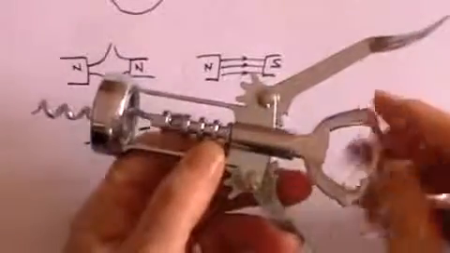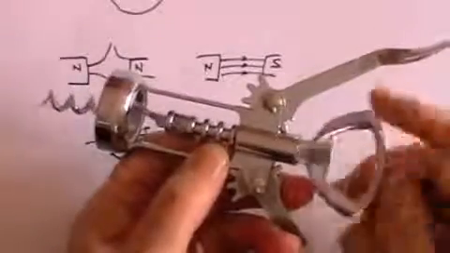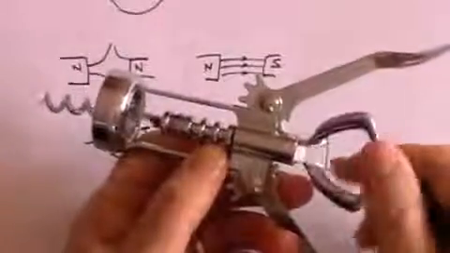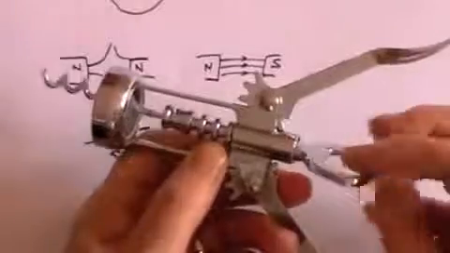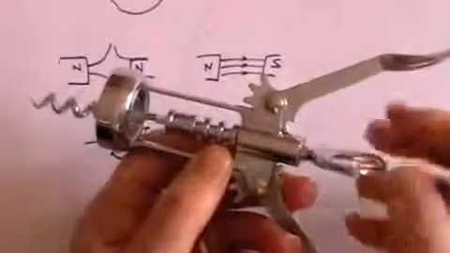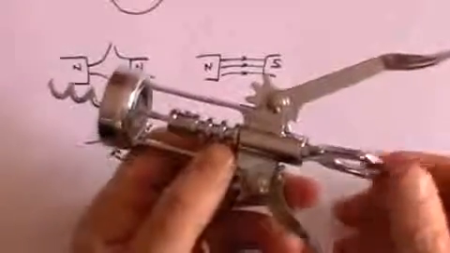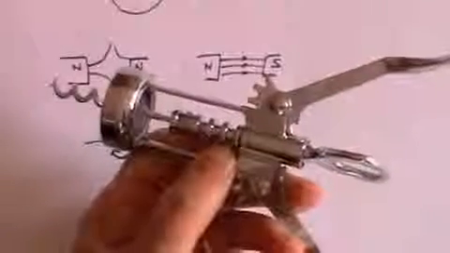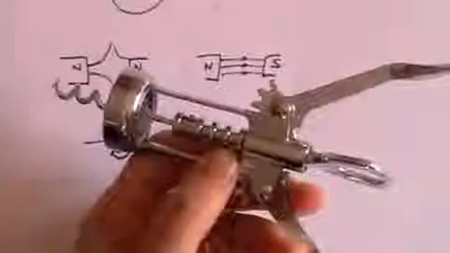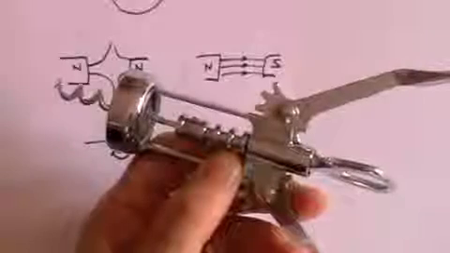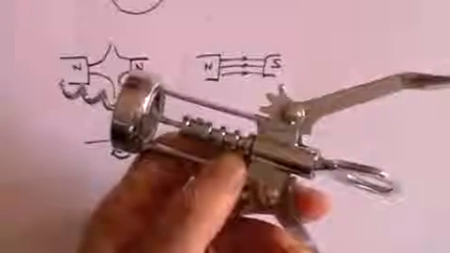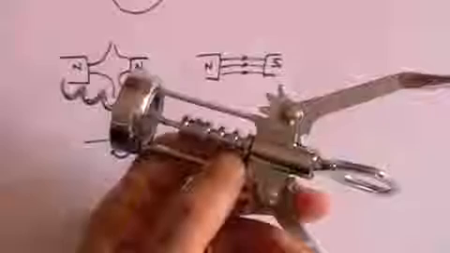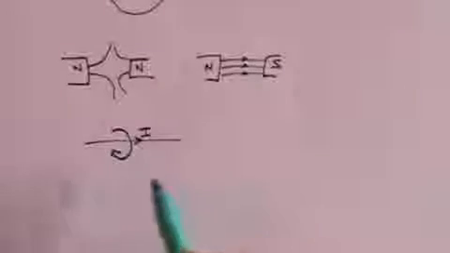If you twist it clockwise, you drive the corkscrew into the bottle. If you twist it anti-clockwise, you pull the corkscrew out of the bottle. It's the same as a screwdriver. If you turn the screwdriver clockwise, you drive the screw in. If you turn the screwdriver anti-clockwise, you pull the screw out. And that's the principle we apply here.